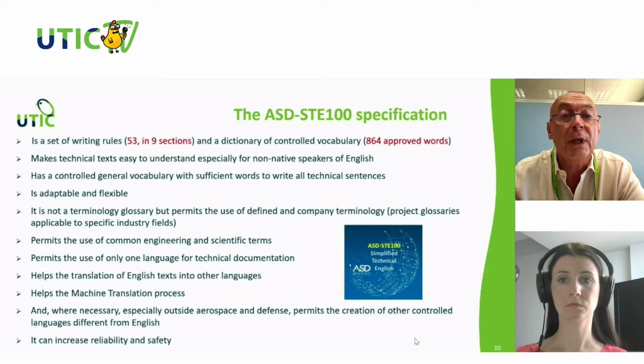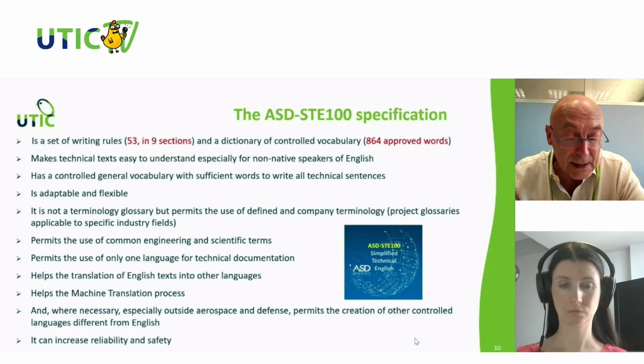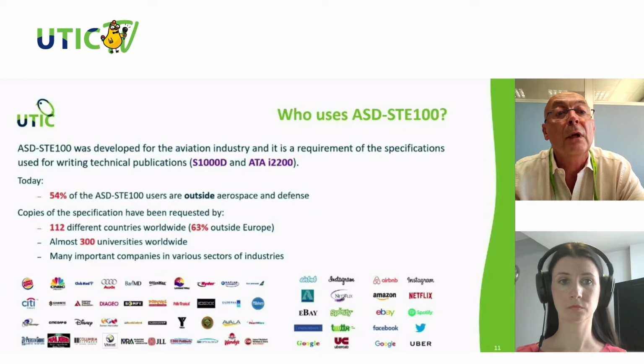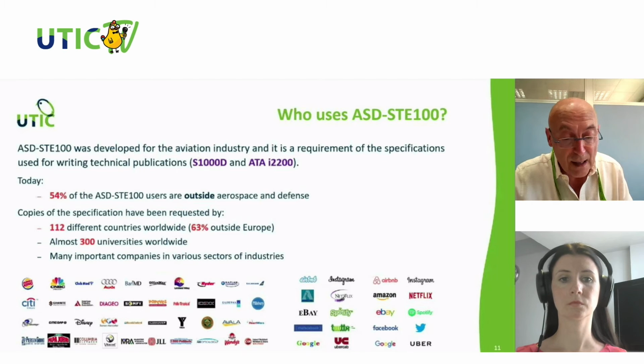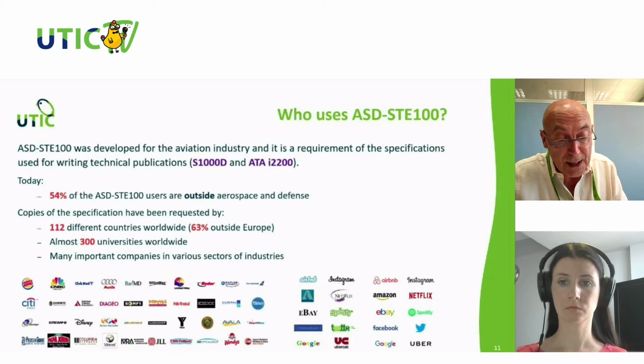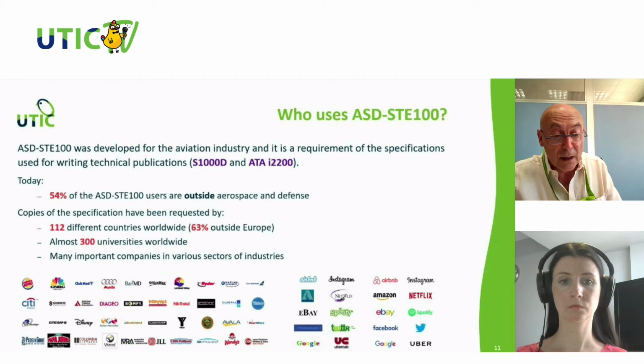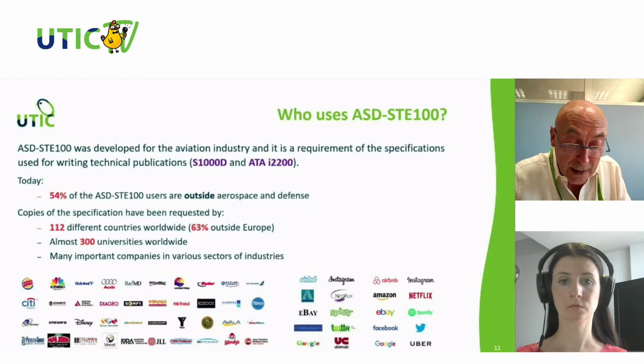So if you can show the next slide, we can see that today simplified technical English users are located mainly outside aerospace and defense, with 54% outside, and we can also see that copies of the specification have been requested by 113 different countries worldwide, 63% outside Europe.